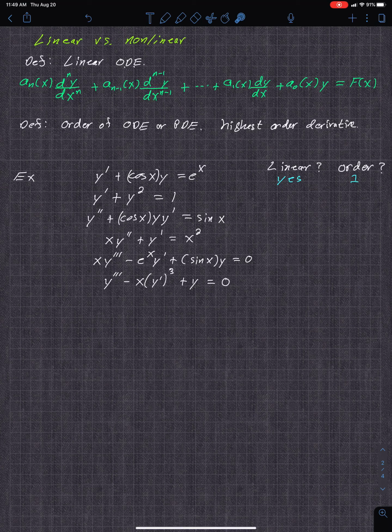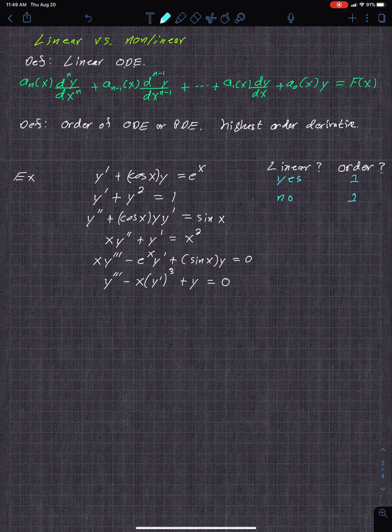Second one, is that linear? The answer is no. It's because of this squared term here. There's no just y squared. But the order is 1 as well.